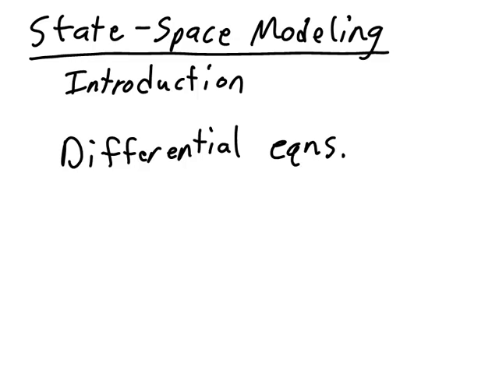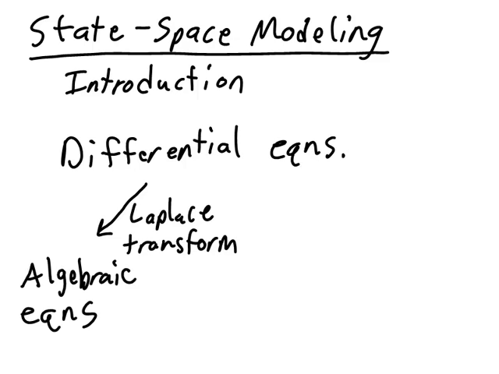We saw that as our systems became more complex, just modeling the system from the differential equations would get to be pretty difficult. So we then learned something called the Laplace transform, which allowed us to put our differential equations into algebraic equations.